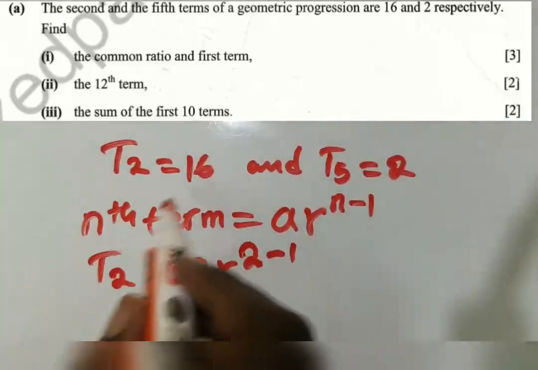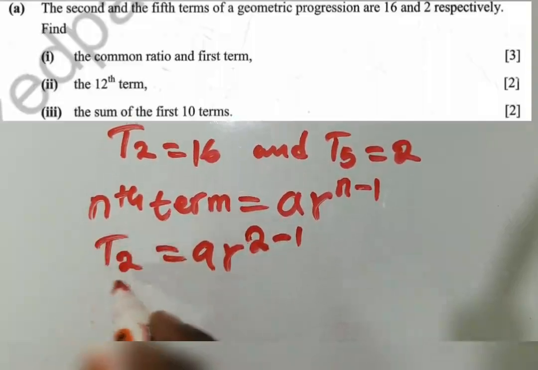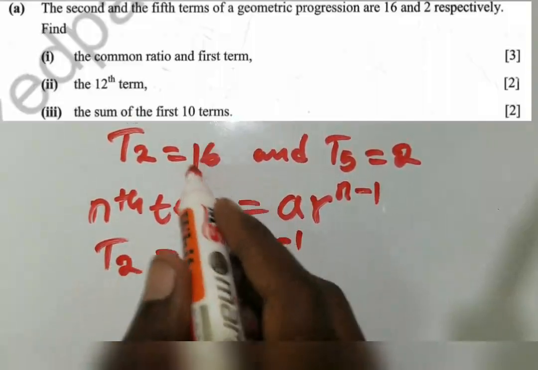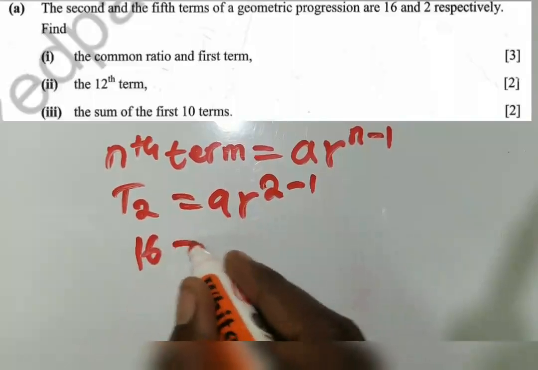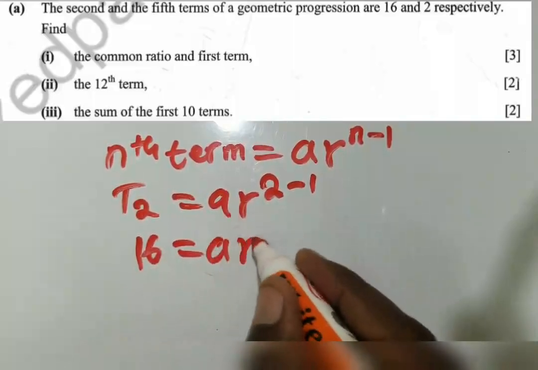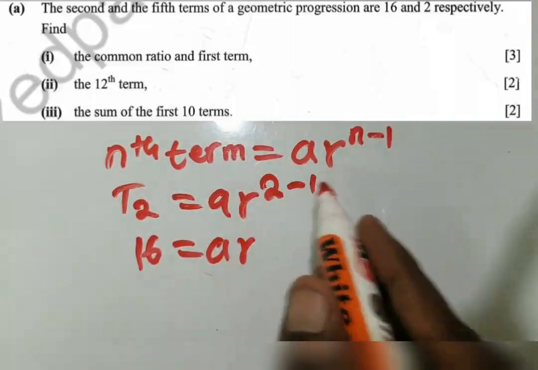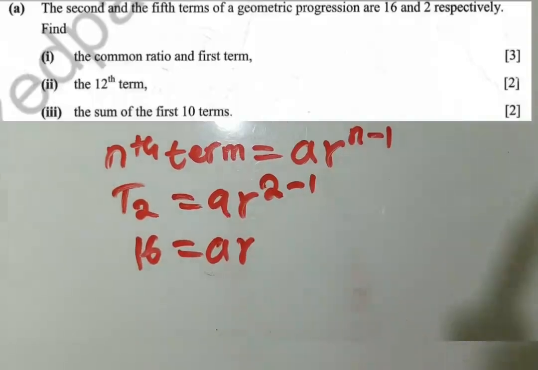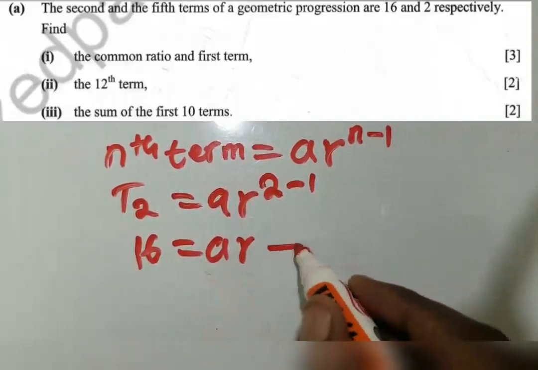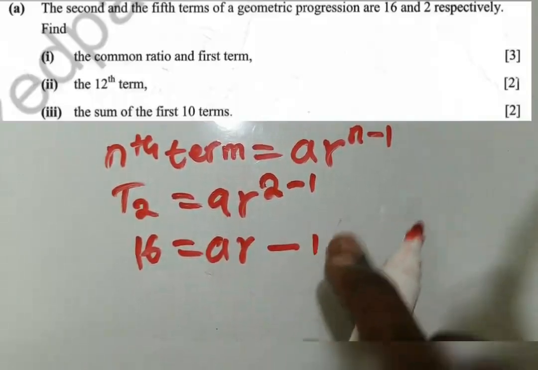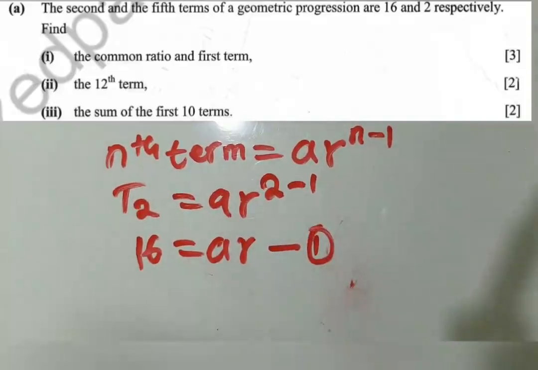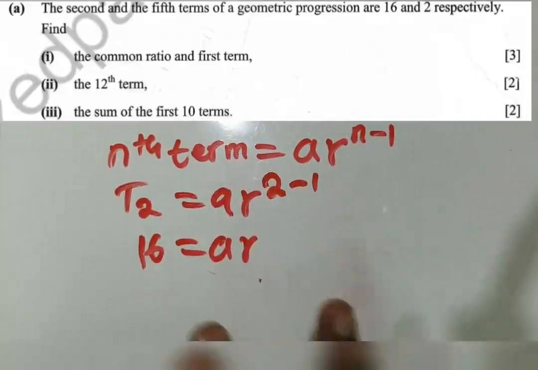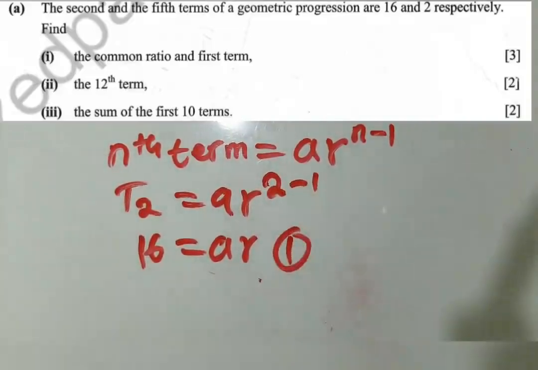Term 2 they have already found for us, so we substitute 16. We get 16 is equal to a r to the power 2 minus 1. What is 2 minus 1? It is just 1, so 16 equals a r. This is the first equation that we have.